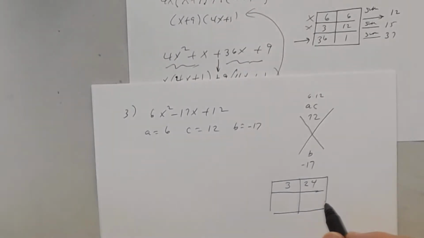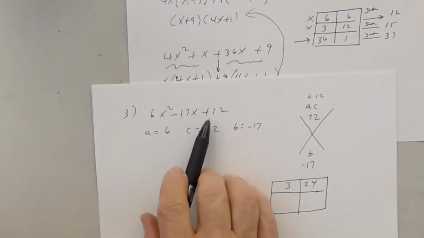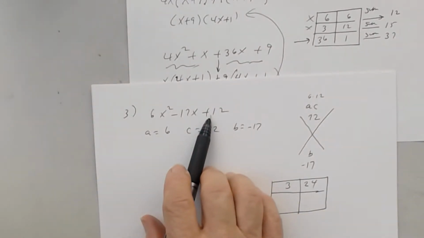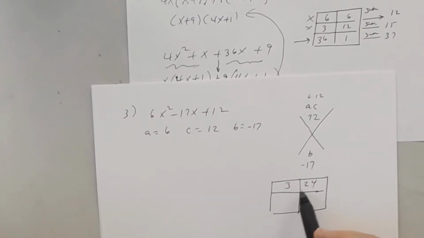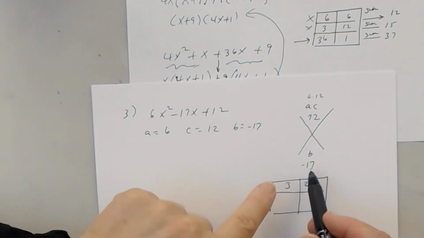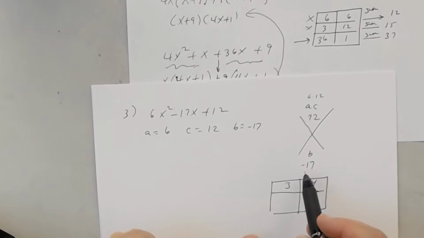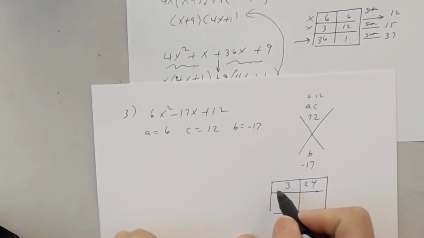Now, listen carefully. You see the last sign's positive, right? So that means these two signs have to be the same. But I need the sum to be negative. So that means that both of them have to be negative.